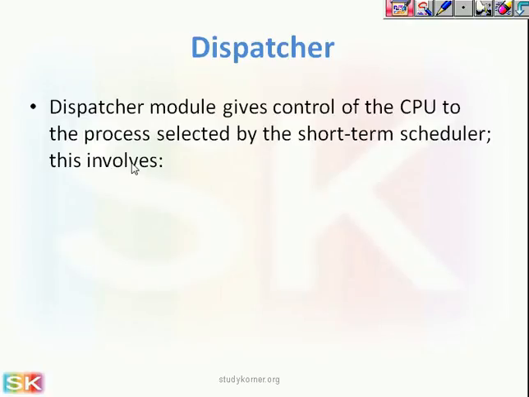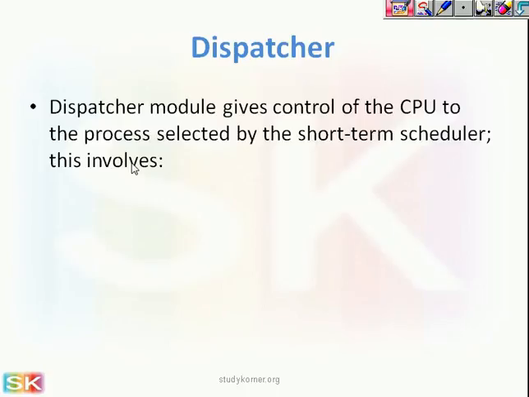So CPU scheduler's job is just to select a process from the main memory that this process has to execute next. Now CPU scheduler's job is done, and then dispatcher will take this process from main memory and load it into the CPU.